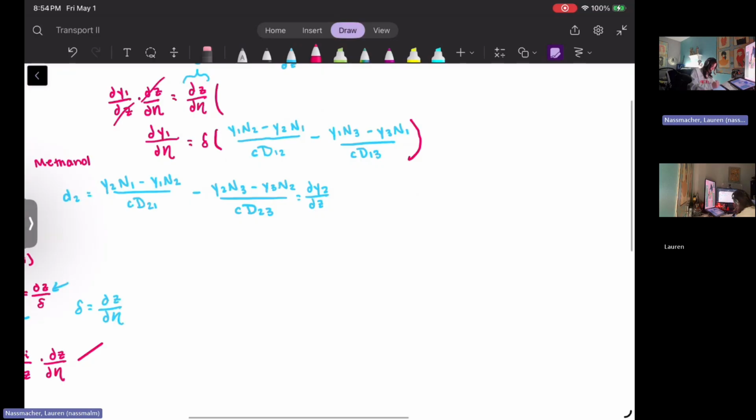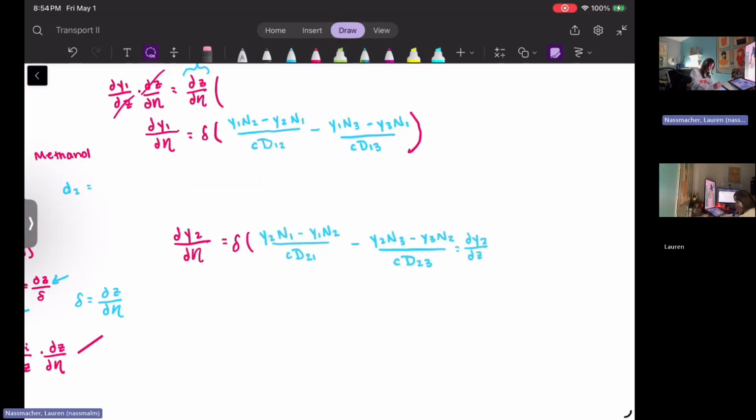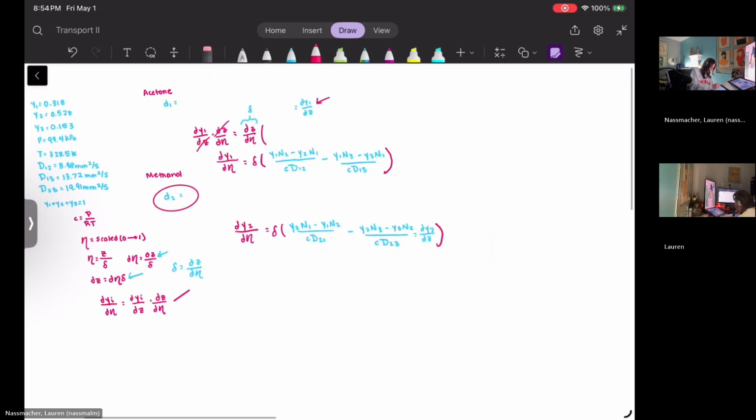And now it's the exact same thing for our methanol, but instead it's the change in molar fraction of 2 divided by the change in n equals the thickness multiplied by this part of the equation. Right?